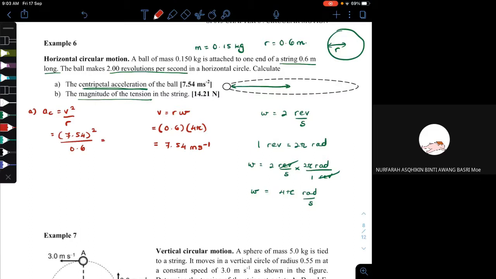So this one you will get, centripetal acceleration is 94.75.